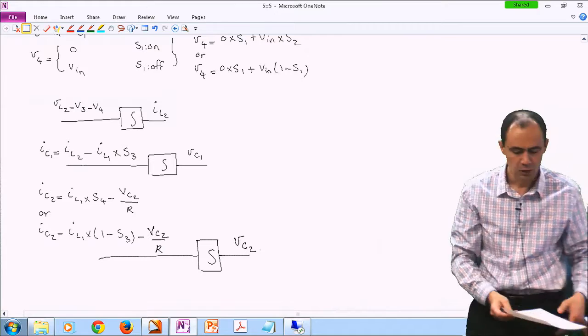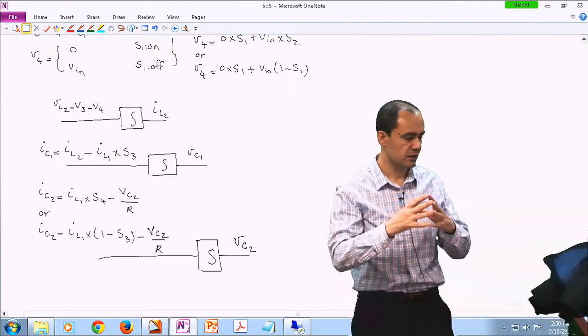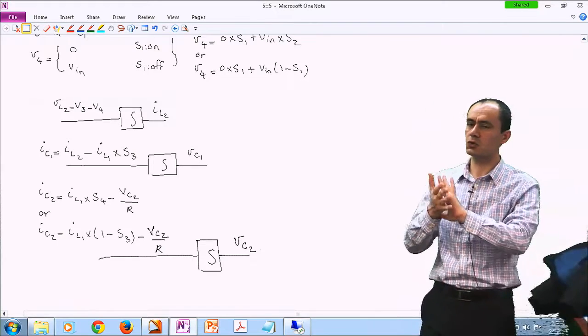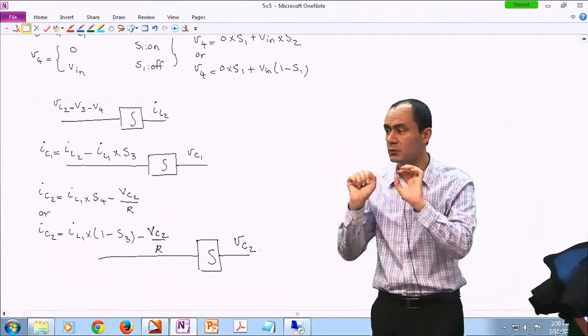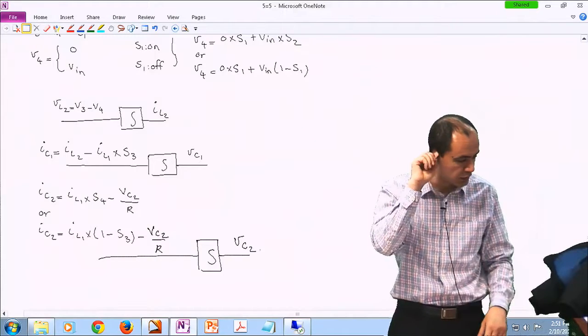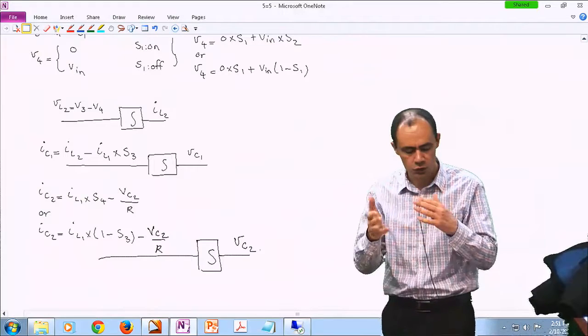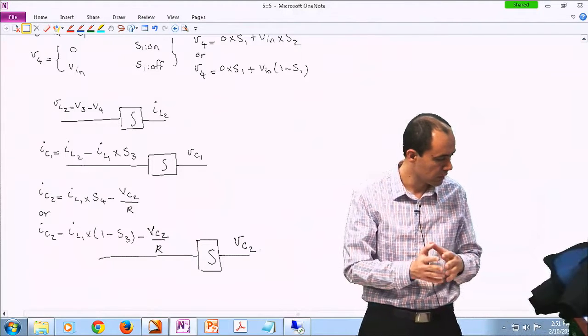Okay? So the first set of equations that I had, first of all, you always have the switch commands. They're actually externally applied to your converter. So there's a DSP or an analog controller providing the command to switches S1, S2, S3, and S4, and two of them are complementing the other.